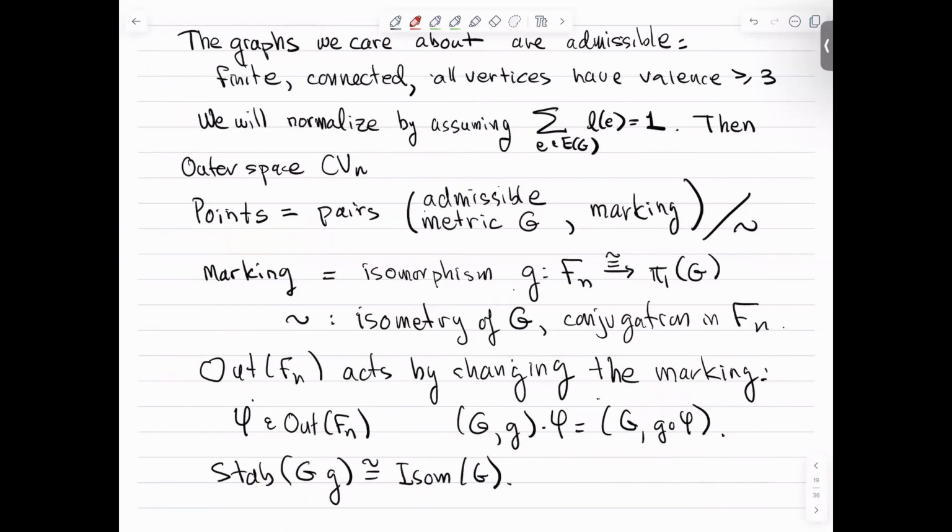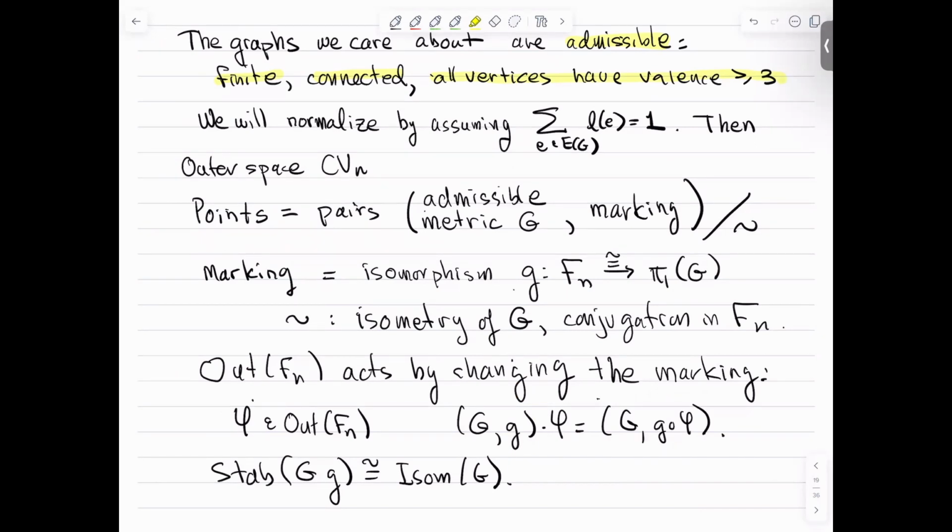Right. So remember the graphs we've talked about so far, they're all admissible, which means they're not random graphs. It means they're finite, they're connected, and all vertices have valence at least 3. Notice if I'm thinking of metric graphs, then vertices of valence 2 don't do anything for me.